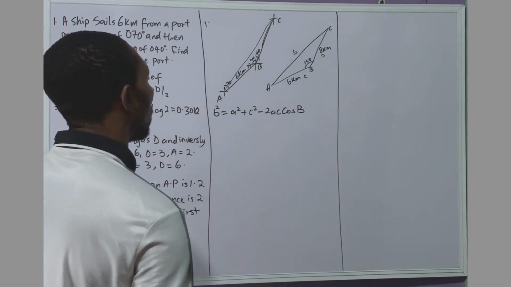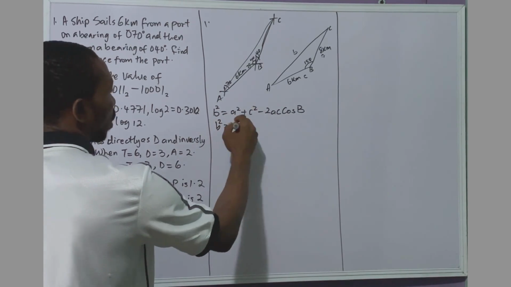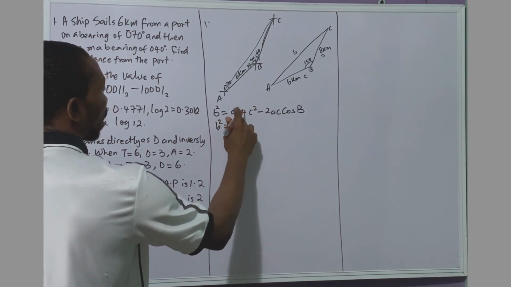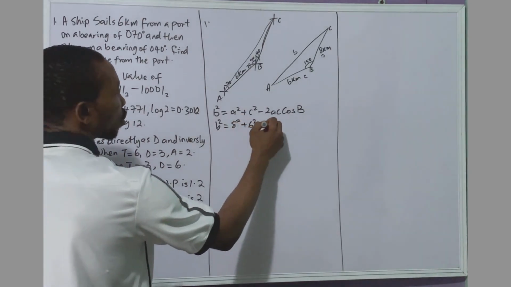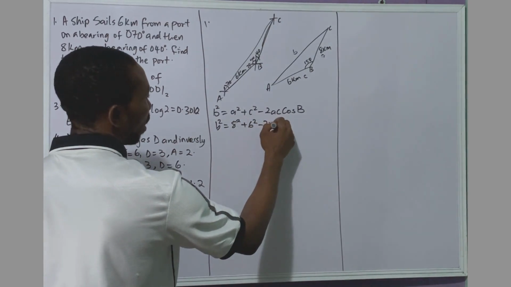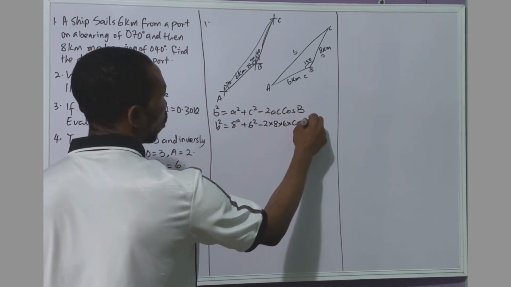Okay, that's our cosine rule. Now our b squared will be 8 squared plus 6 squared minus 2 times 8 times 6 times cos 150.